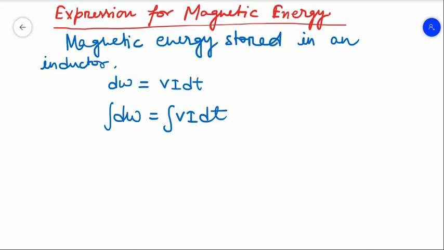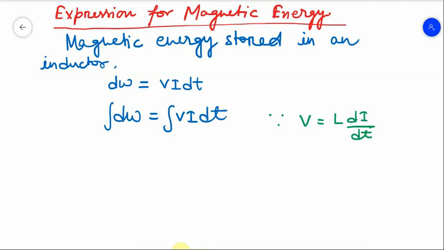Now this V, for an inductor, the voltage is L di by dt. So we can substitute that here.